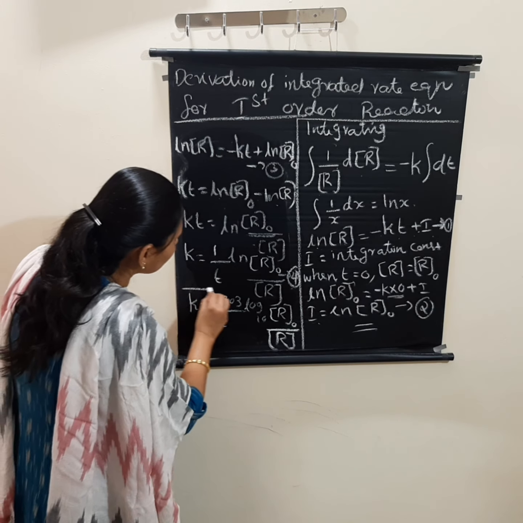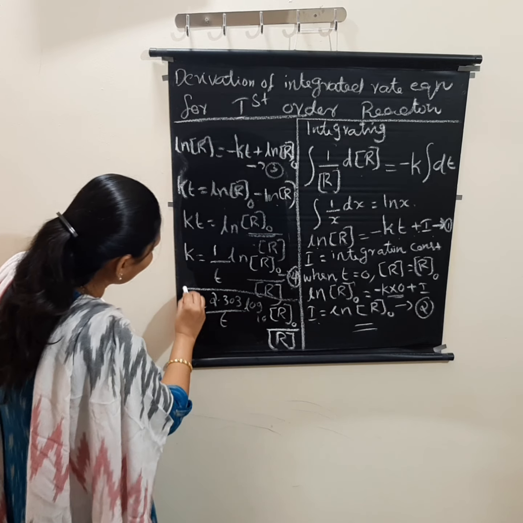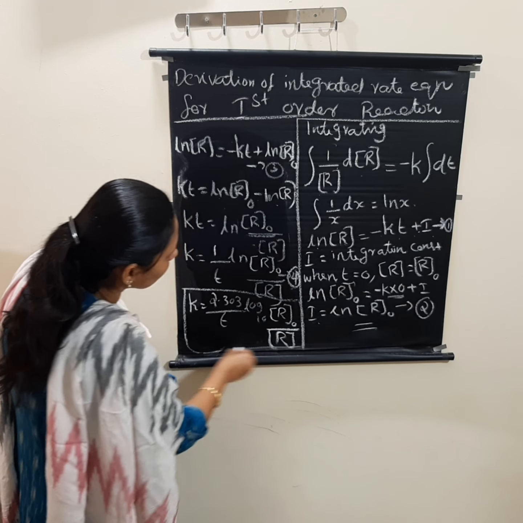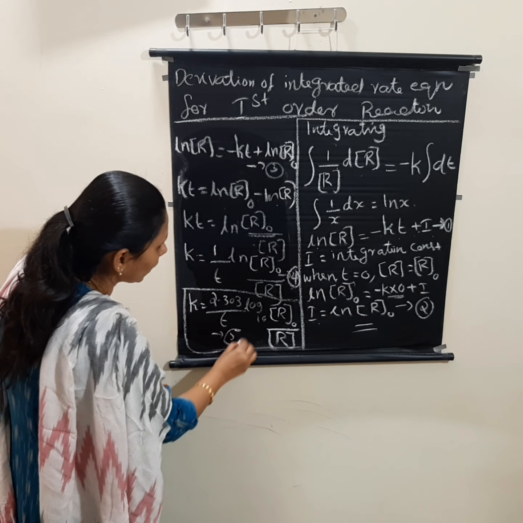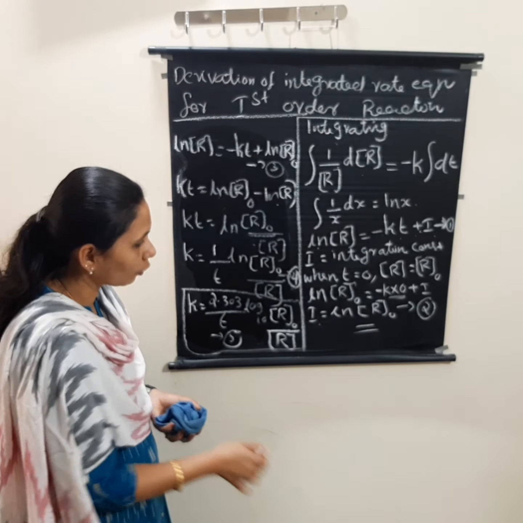So this is the integrated rate equation for a first order reaction, and we can consider it as equation 5 because some other forms are coming.